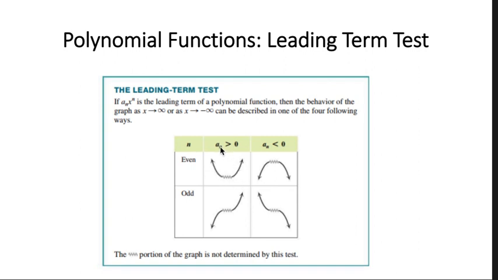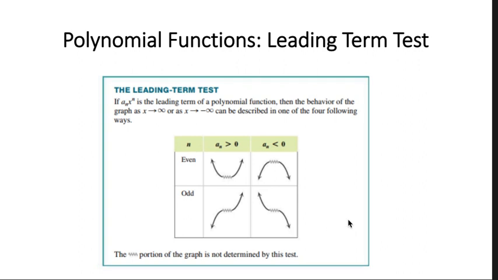If the leading coefficient is positive, that U is going to be facing up. And if the leading coefficient, a sub n, is negative, the U is going to be upside down. When the degree is odd, we have bottom left, top right when the leading coefficient is positive, and top left to bottom right when that leading coefficient is negative.